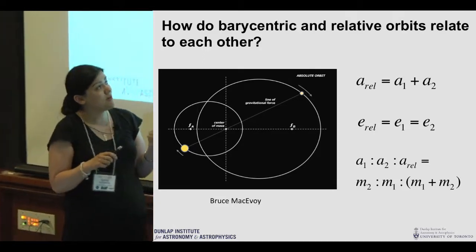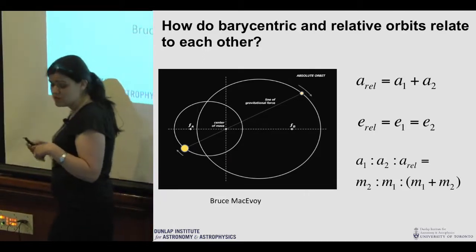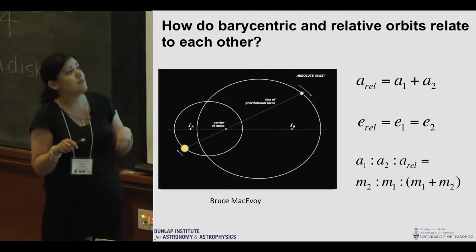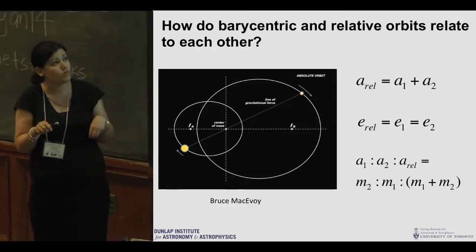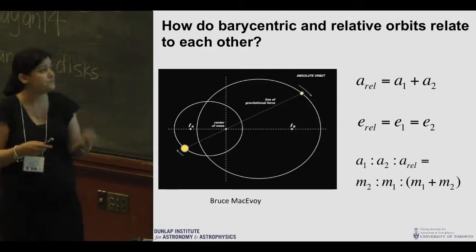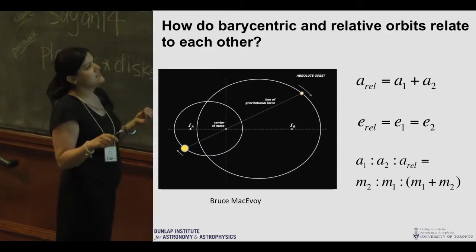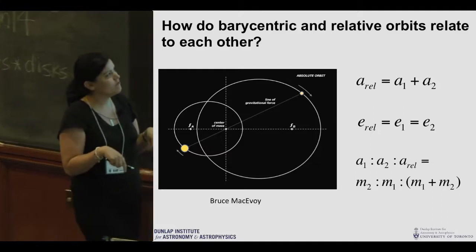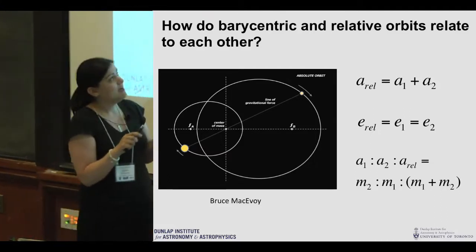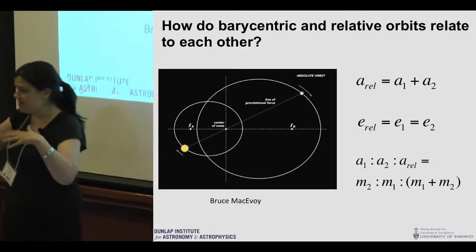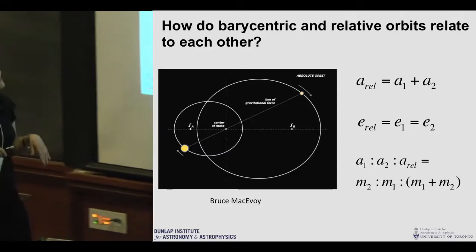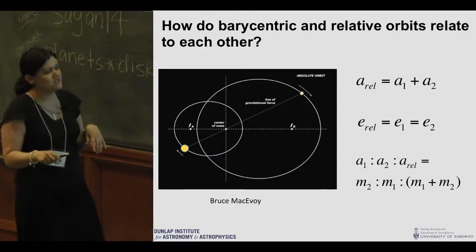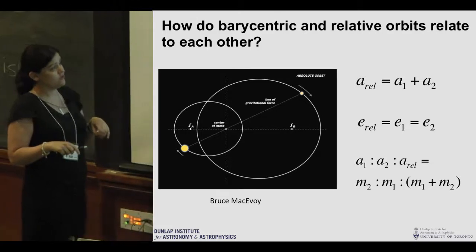The semi-major axis of the relative orbit, the one that you're measuring, is equal to the semi-major axes of the individual orbits of the components added together. And as you can see from this nice diagram of these two objects orbiting their common center of mass, the ellipses have about the same squishiness, or ellipticity. So the eccentricities of all three orbits are exactly equal to each other.